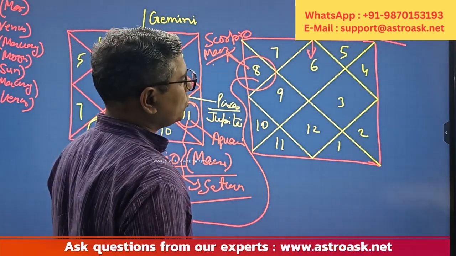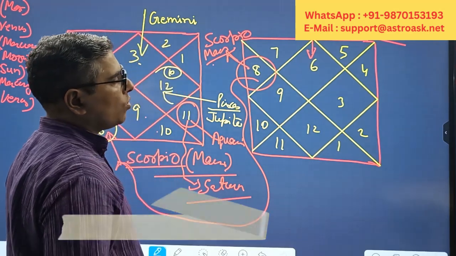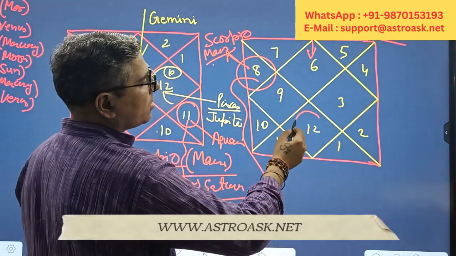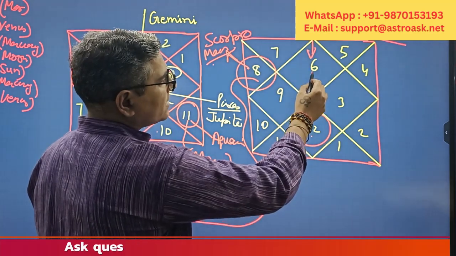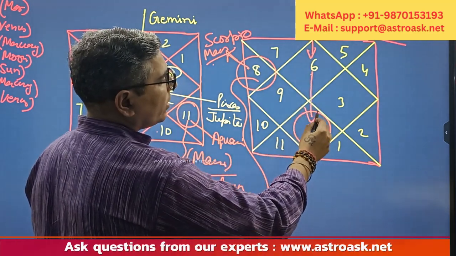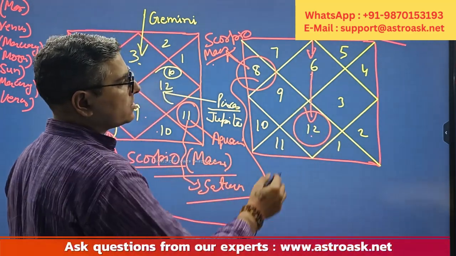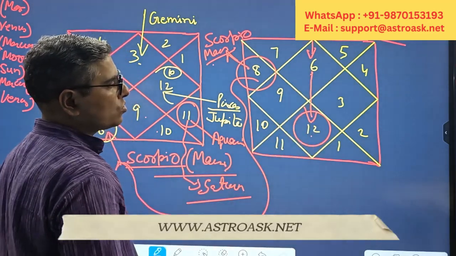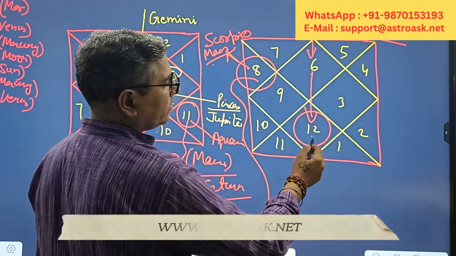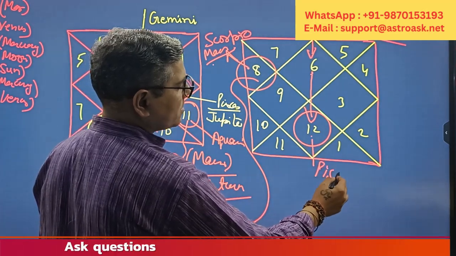Similarly, if I ask you what is the lord of the 7th house, the 7th house is this, exactly in front of the first house, that is the Lagna house. This is the 7th house here, right? So the 7th house number is 12. That means it belongs to Pisces.